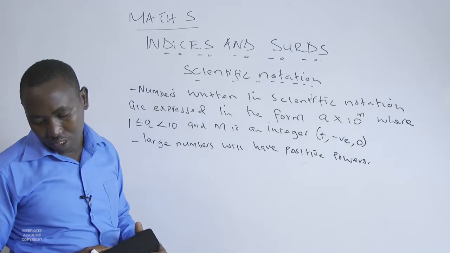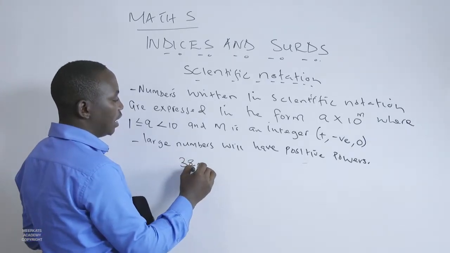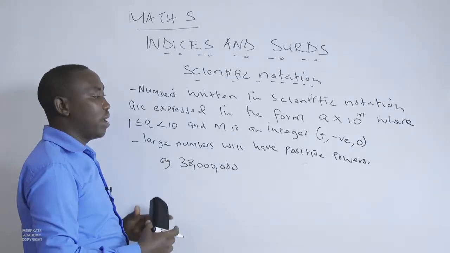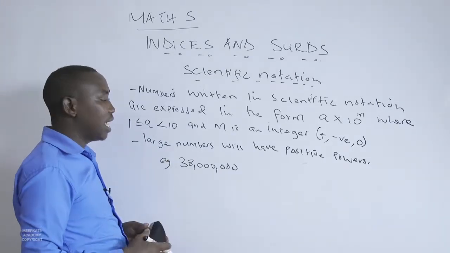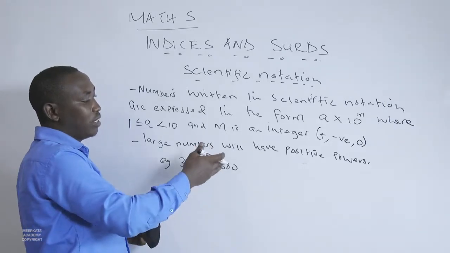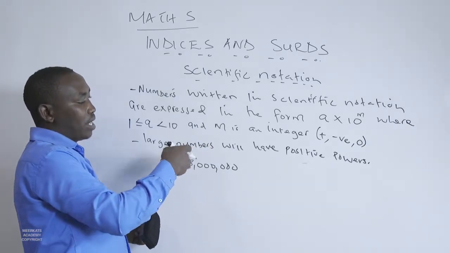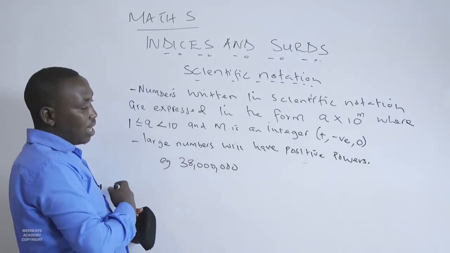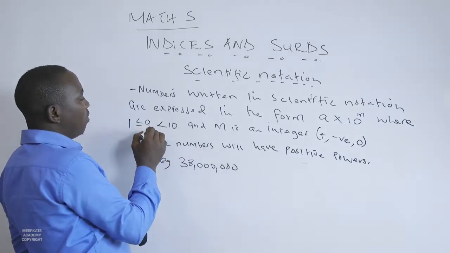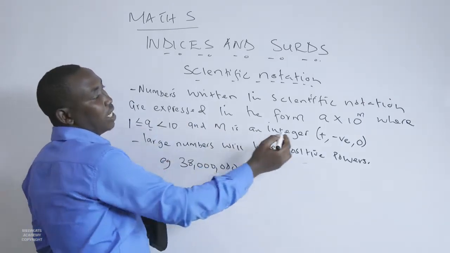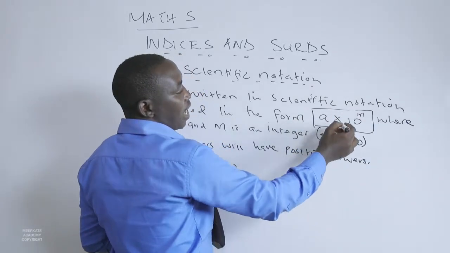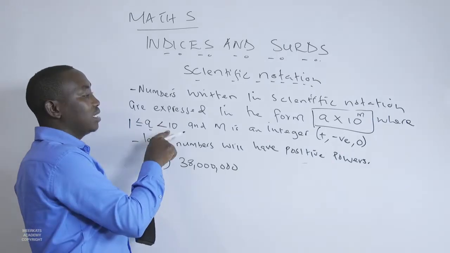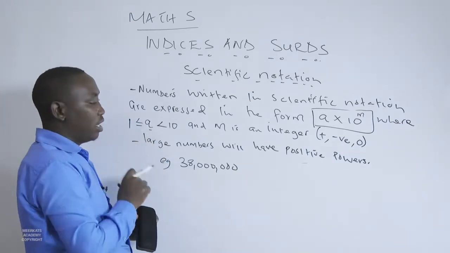Like for example, if we talk of 38 million, these are very big numbers that can be expressed scientifically. But now you're going to count the number of zeros backward, towards the left hand side. We have said the scientific form should be A times 10 raised to M, where A should be strictly less than 10 and greater than or equal to 1.